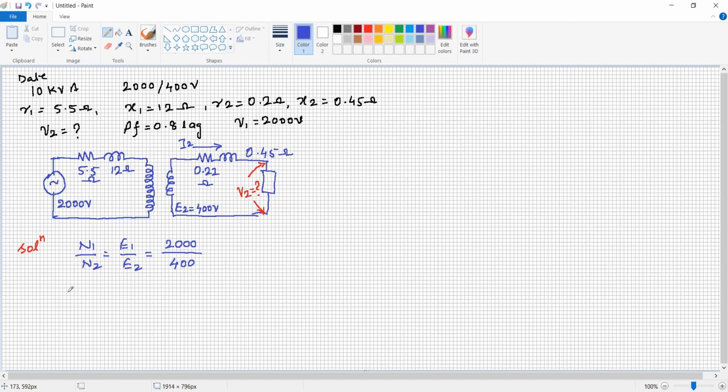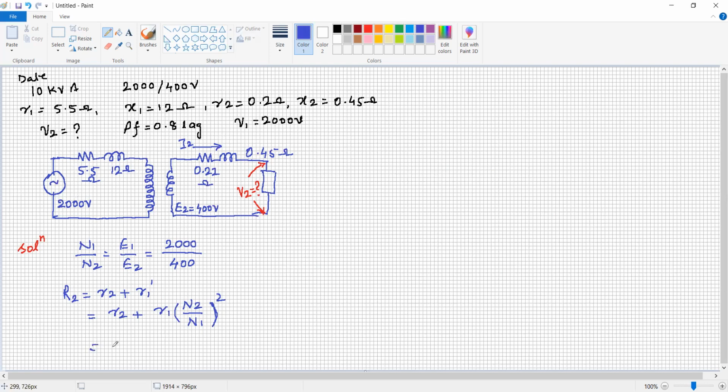So the resistance referred to the secondary side is R2 plus R1 dash, equal to R2 plus R1 into (N2 upon N1). The value of resistance referred to the secondary side decreases because the number of turns in the secondary winding is smaller.